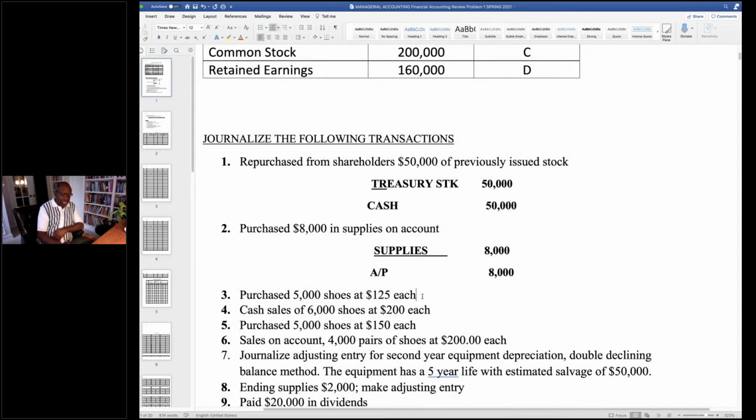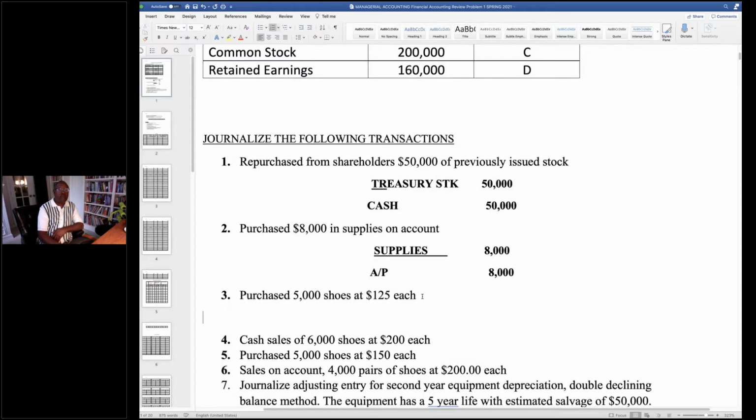What happens in our next journal entry? Accounts receivable. We're going to debit 500,000. We purchased... No, that's inventory, right? That's the inventory and accounts payable. Oh yeah, I'm looking at the wrong one.